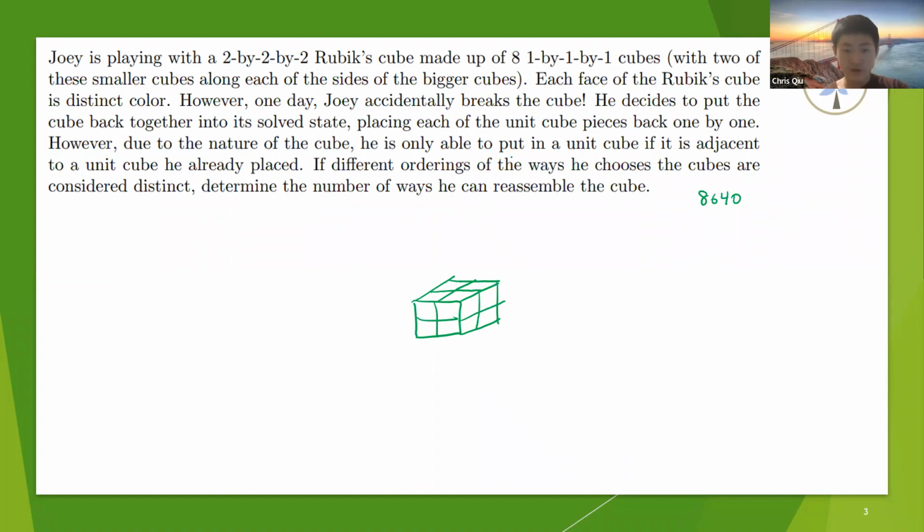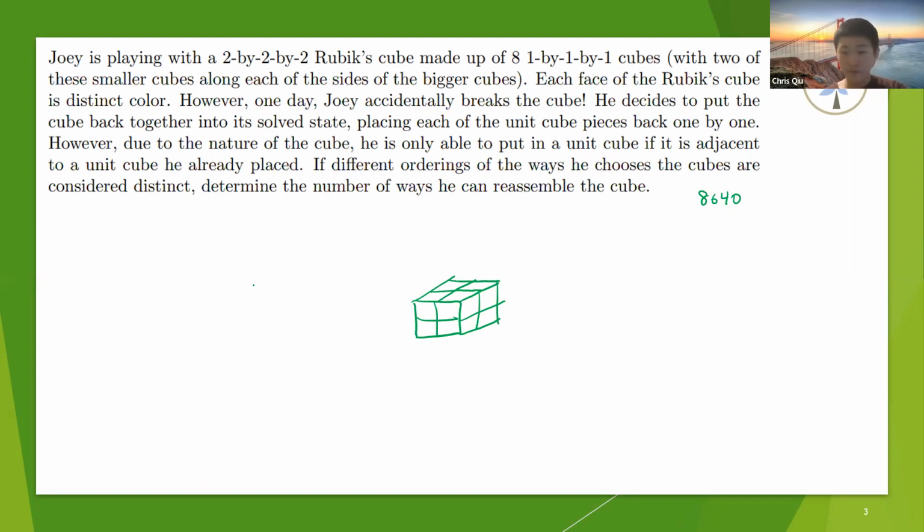He is only able to put in a unit cube if it's adjacent to a unit cube he already placed. If different orderings of the ways he chooses the cubes are considered distinct, we want to determine the number of ways he can reassemble the cube.